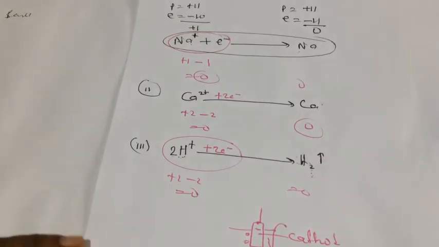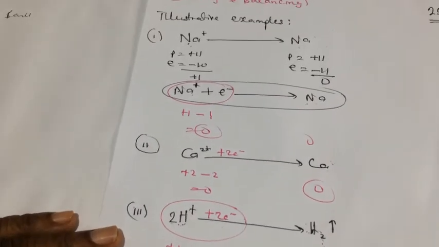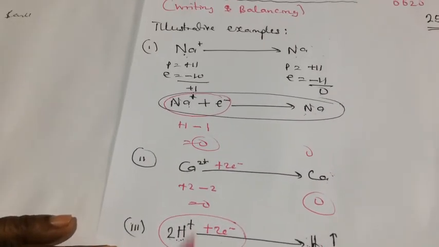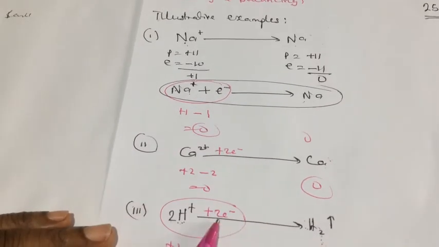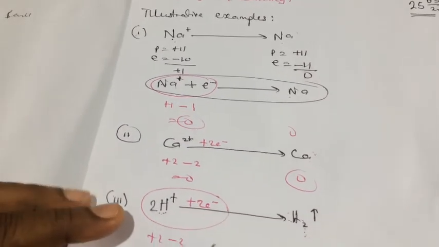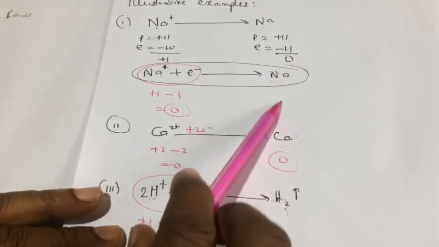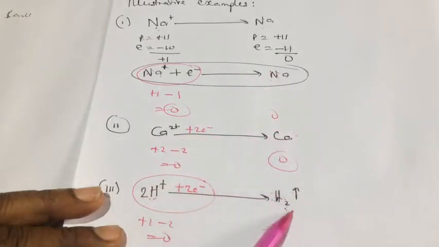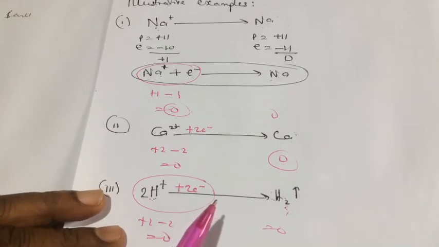If you look at the whole trend now, cations, when they get to the cathode, always gain electrons. So they are reduced to their corresponding elements or molecules. These are atoms, these are molecules. So all of the half-cell equations at the cathode show electrons being gained, so they all show reduction.